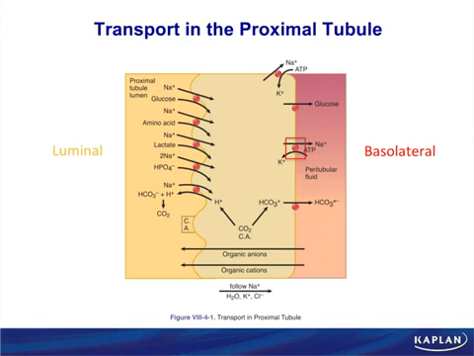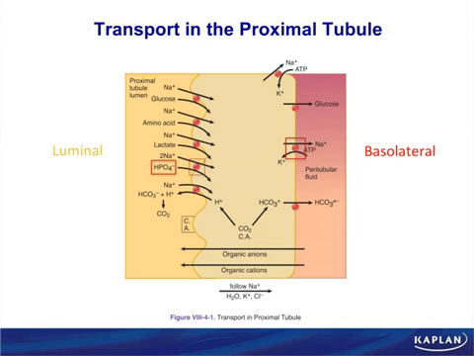I want to make a special mention of phosphate right here. Phosphate is freely filtered at the glomeruli. Right here in the proximal tubules, we reabsorb 85% of the phosphate that is filtered. The other 15% is used to buffer acids in the distal tubules. We'll get back to that later on in this lecture, but that's a very important point.